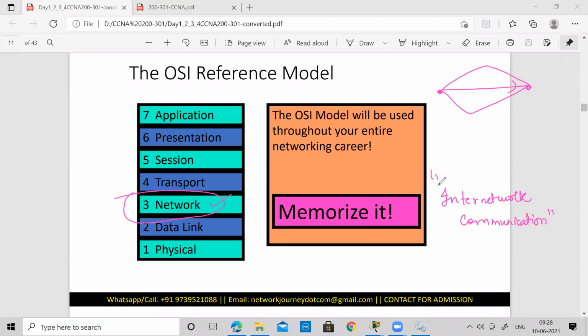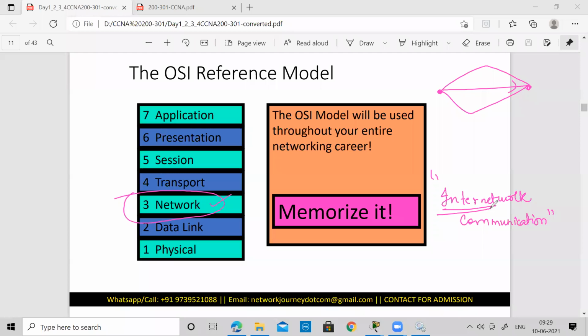So a router is used when you want to communicate between two different networks, inter-network by the name itself. And how will you identify that there are two different networks? You will be able to identify with the help of IP addressing and subnetting. These are the concepts which we are going to see.